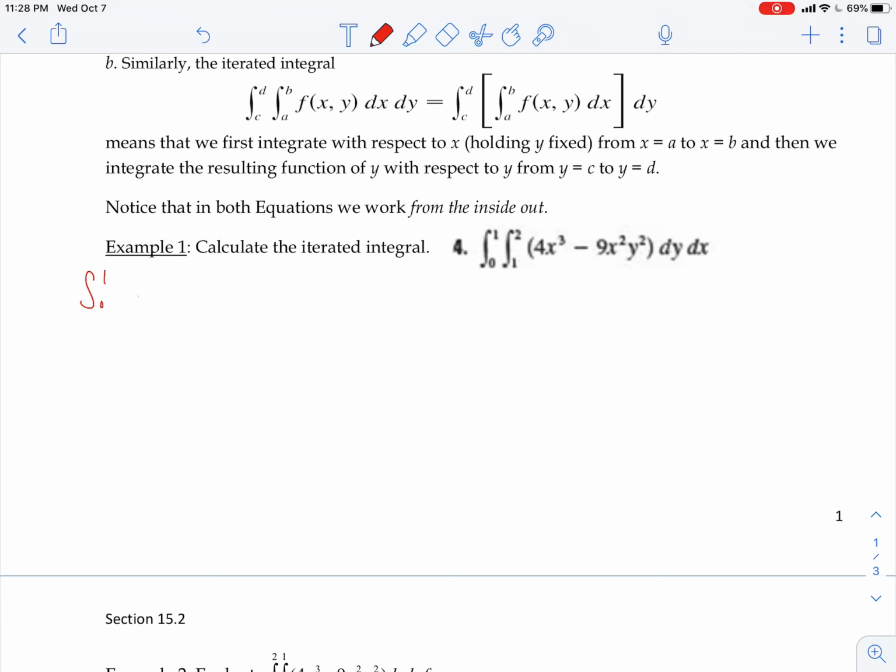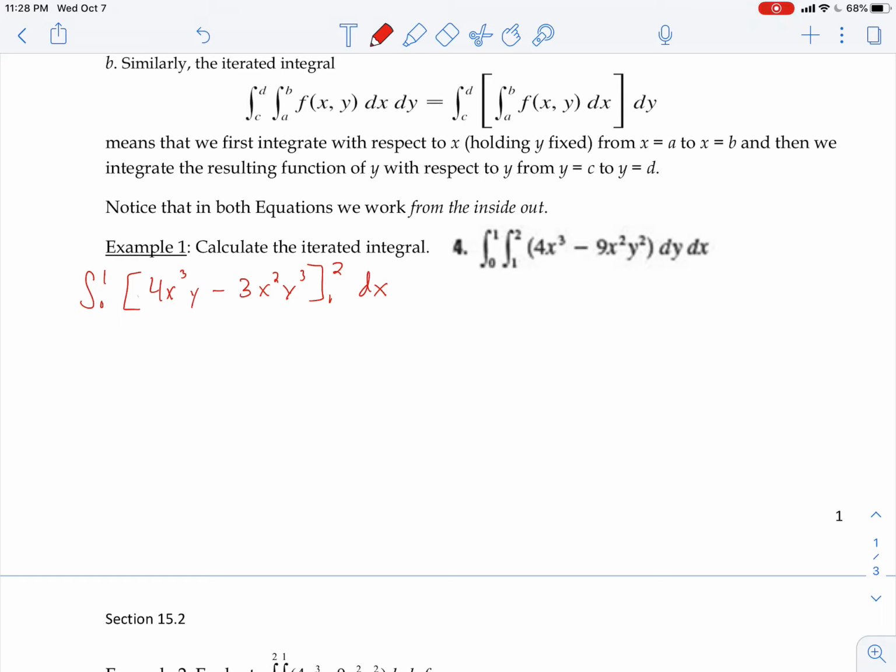Integrating 4x cubed is going to be 4x cubed y. Integrating 9x squared y squared, when I integrate y squared, that's going to be y to the third over 3, but I have that 9, so 9 over 3 is just going to give me 3, so 3x squared y cubed. I'm going to go from 1 to 2, and then I still have my outside integral of dx.